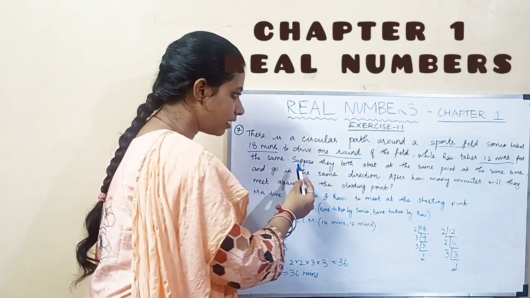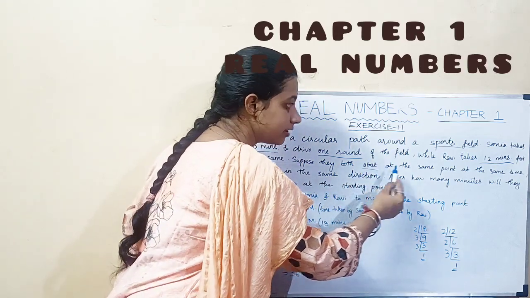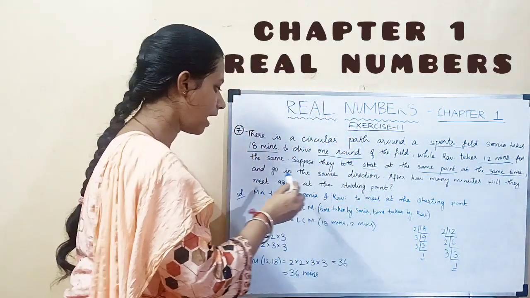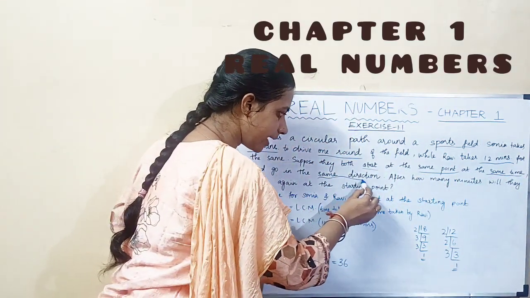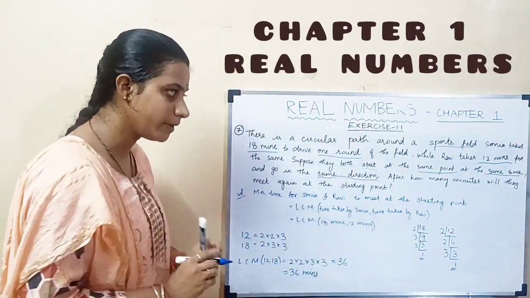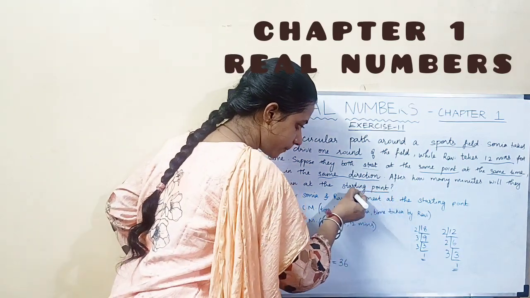Let's see ahead. Suppose they both start at the same point at the same time and go in the same direction. After how many minutes will they meet again at the starting point?